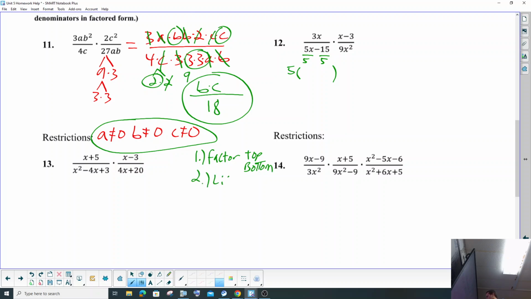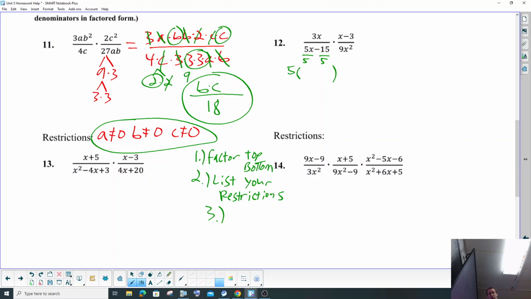Number 2, list your exclusions or restrictions. And then number 3, Fruit Ninja.